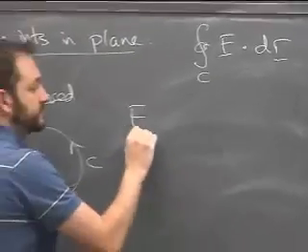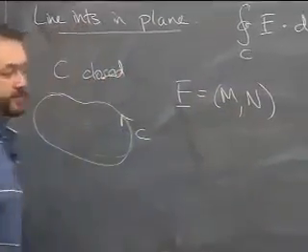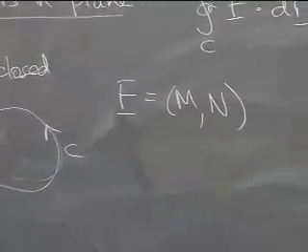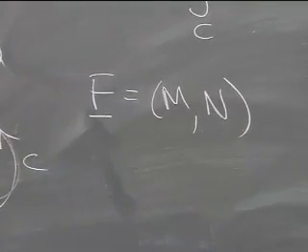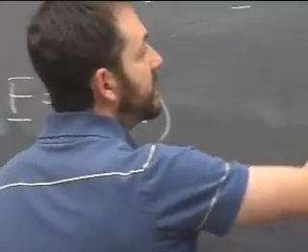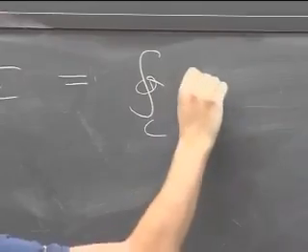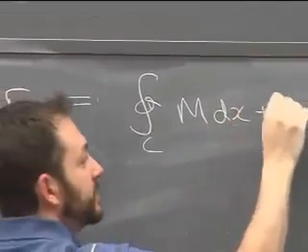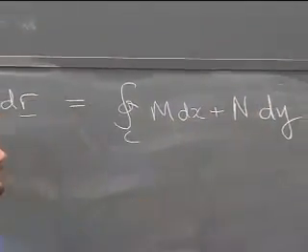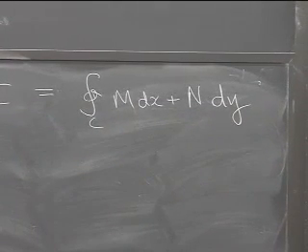Here, F is equal to M comma N. We don't have a third component because we're in a plane. There's only two components. And if I write it out, this is another way of writing it, which is good for computation, and this is where I really got screwed up last time, not on that particular formula, but I have M dx plus N dy.